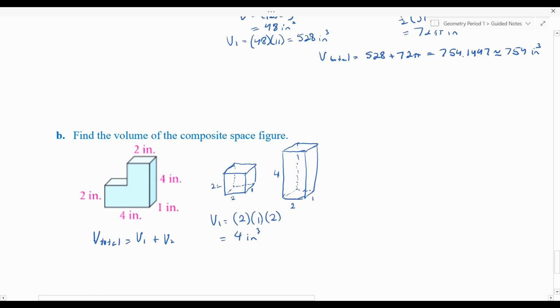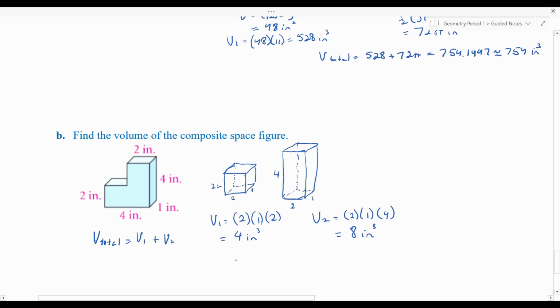So we have that one. So for this one over here, we have volume 2 equals the area of the base, which is a 2 by 1, just like the other one. 2 times 1 times the height, which is 4. So we have 2 times 1, which is 2, times 4 is 8. So we have 8, and this is going to be 8 cubic inches.